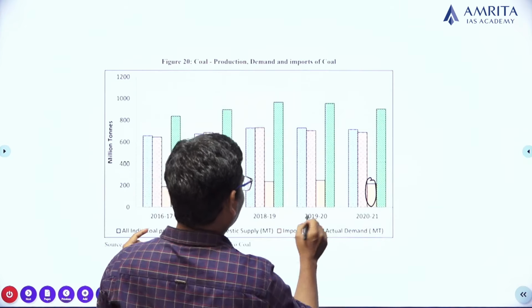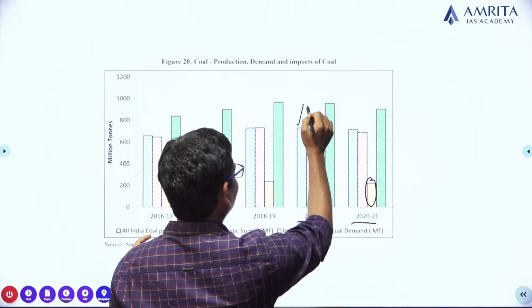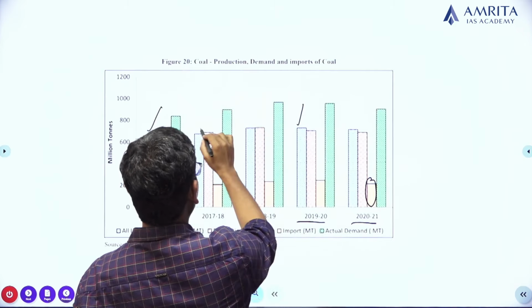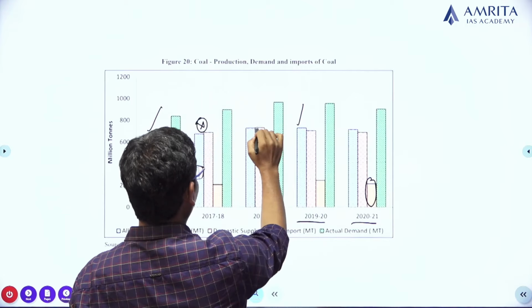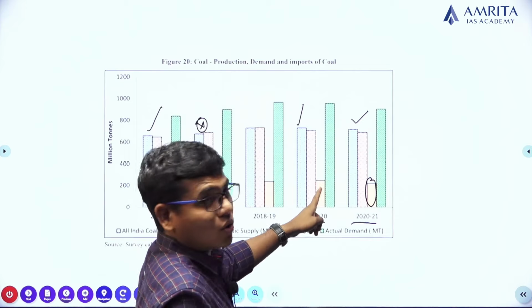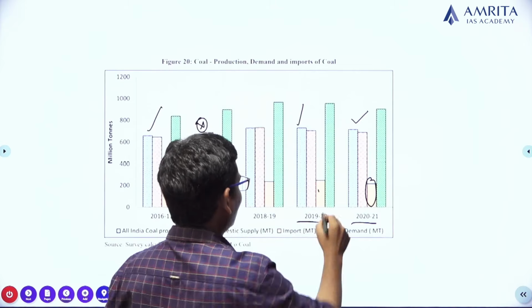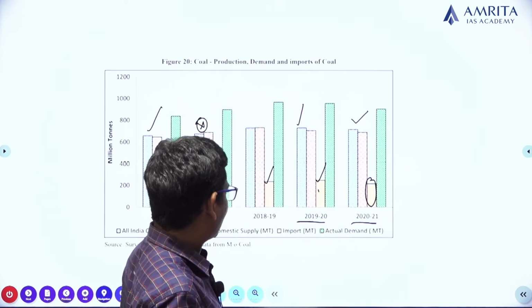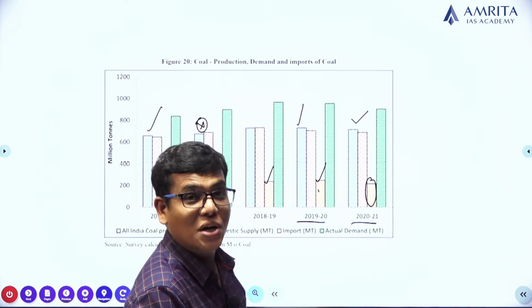And if you see 1920, 2021, our production is more, our demand is less. Here it is more. This is only one abnormal year, but anyhow, even though we are importing the coal, the importing of coal is happening in this country. This was asked in one year's prelims.